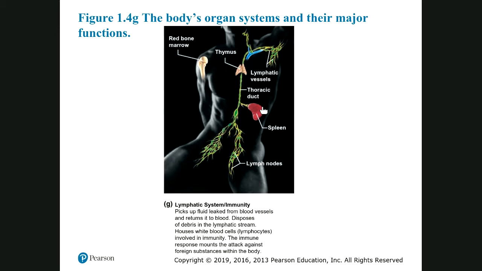The organs found within this system include your thymus, your spleen, your lymph nodes, and your lymphatic vessels. The red bone marrow is also part of this system because it produces our white blood cells for us.